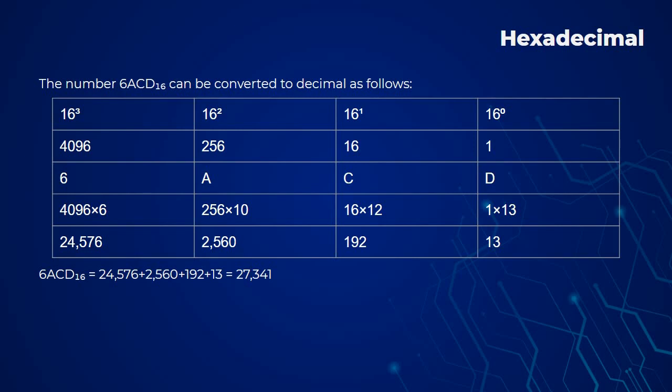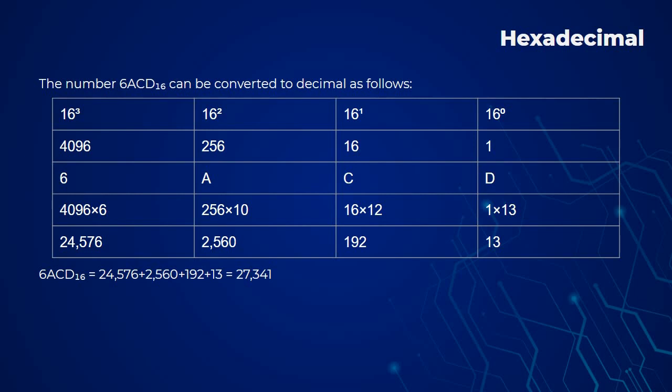Our fourth column is worth 4,096, and there's a 6 in that column, so we need 6 multiplied by 4,096. That is worth 24,576.